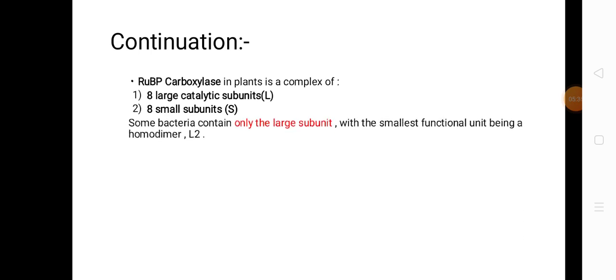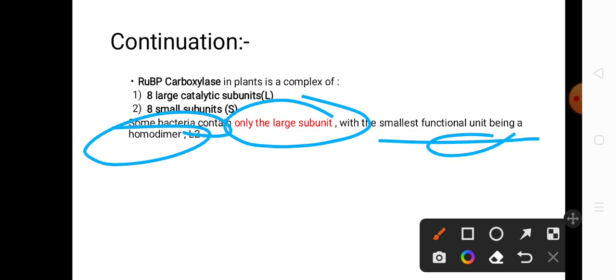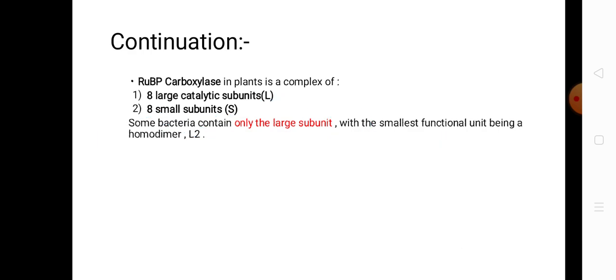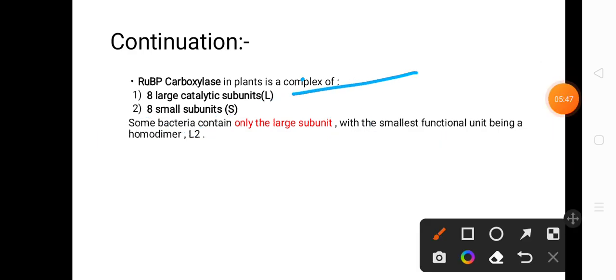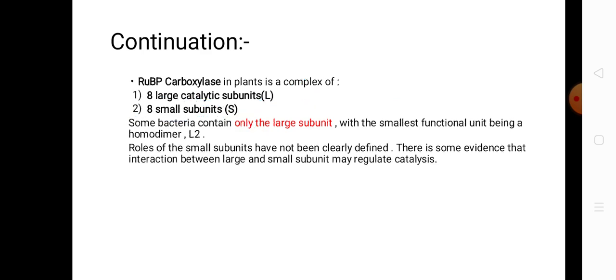Now there are some bacteria that only have the large subunit, with the smallest subunit being a homodimer. Although it is very clear to us that the large subunit is involved in catalysis, it is not clear until now what the role of these small subunits is. But there is still some evidence that the small subunit is involved in regulation of the catalysis. Okay, they interact with the large subunit and facilitate regulation.